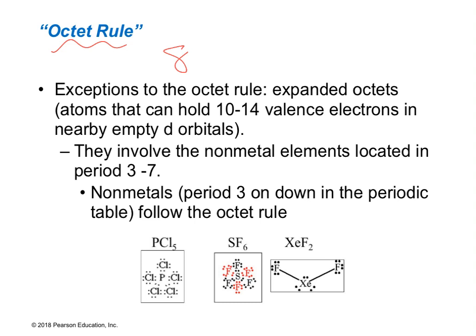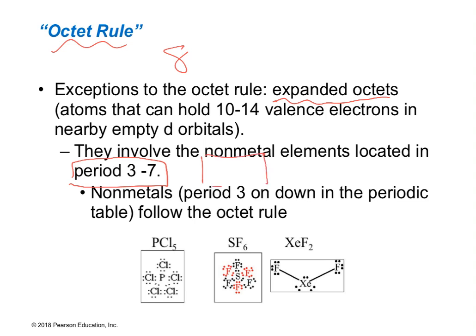One of them is that there are some elements that can accommodate more than 8 electrons around them. We call that an expanded octet. And it turns out that the larger elements are able to do that. Specifically, if the element is in period 3 through 7, it is capable of expanding its octet.